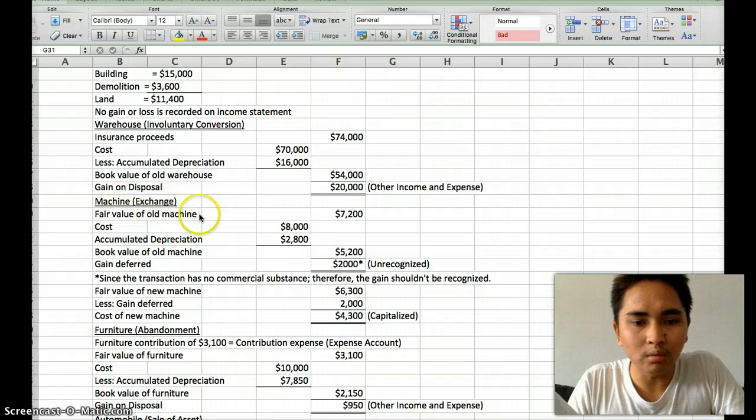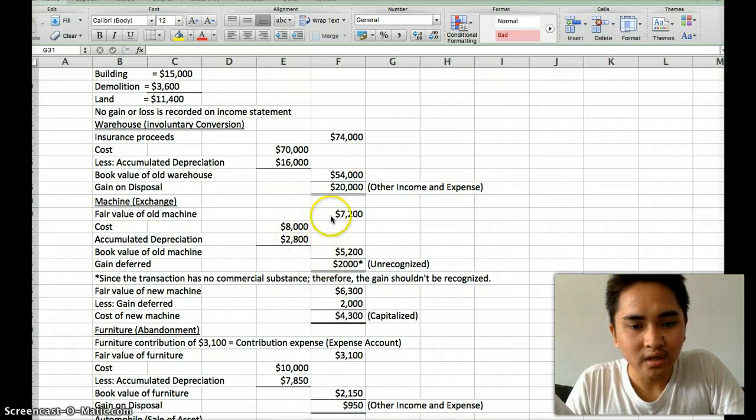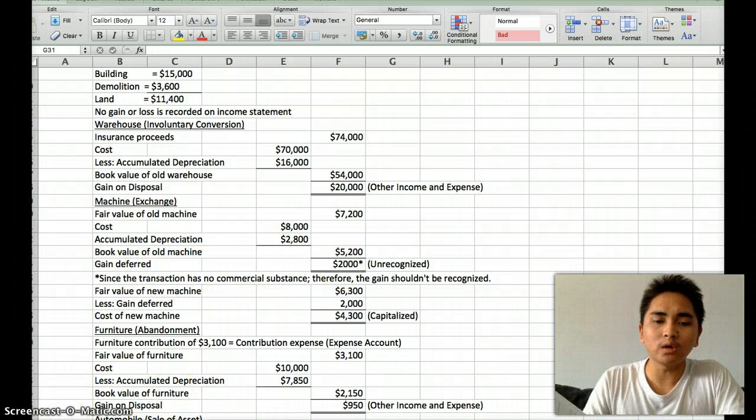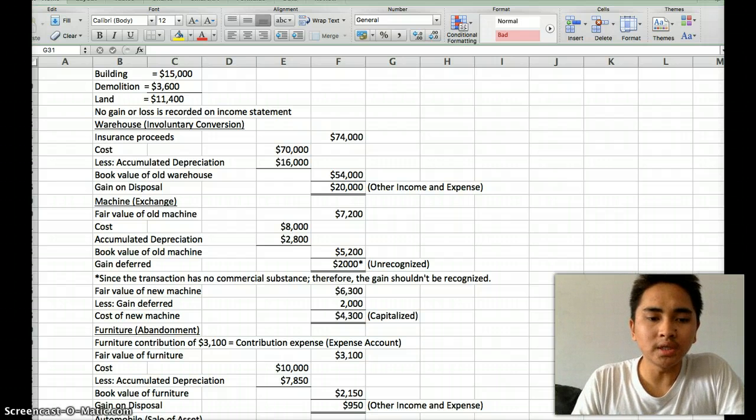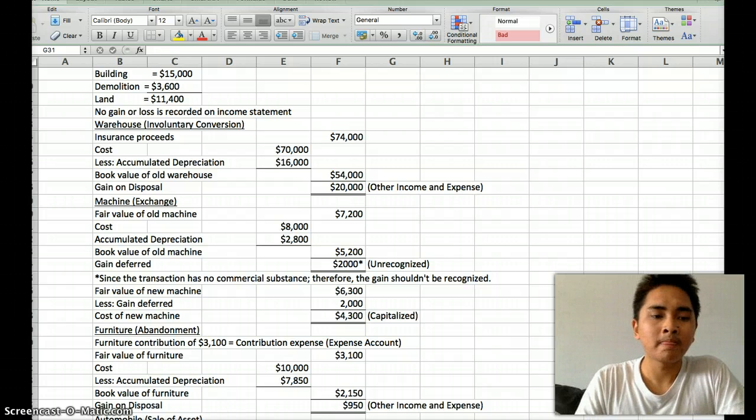The fair value of the old machine is 7,200 minus the book value, which is 8,000 minus 2,800, and that gets us to 2,000, and that is the gain deferred. Like I said before, the deferred gain shouldn't be recognized because the transaction has no commercial substance.